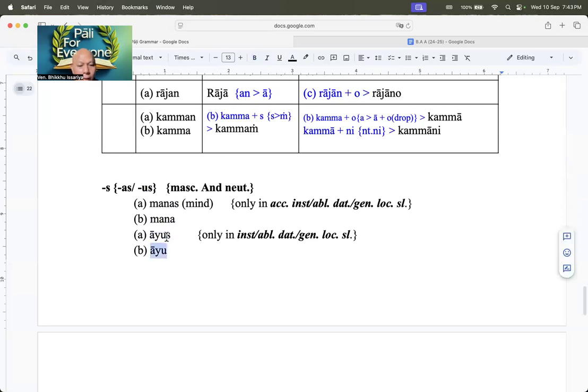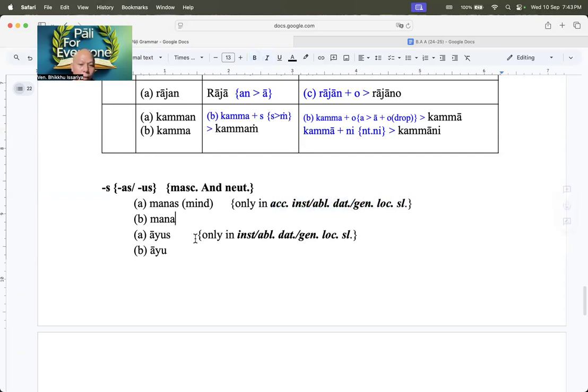But the forms with sa are only for the accusative case singular, instrumental, ablative case singular, and dative, genitive case, all of them singular, you see. 1, 2, 3, 4, 5, 6. So 6 singular case endings.